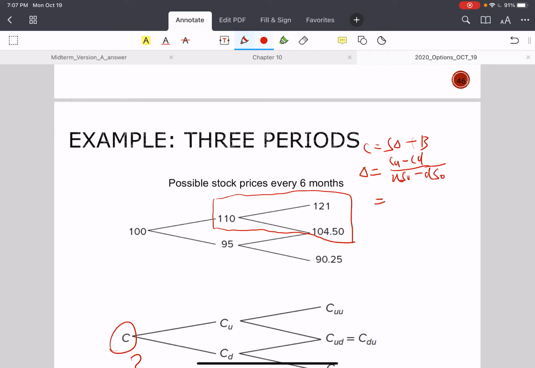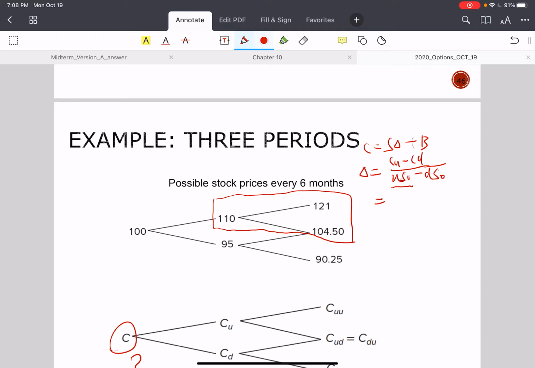I know the notation here looks actually quite confusing, but what is CU? It's really the call's payoff if stock price increases. And what is US0? It's really the price of the stock if its price increases.